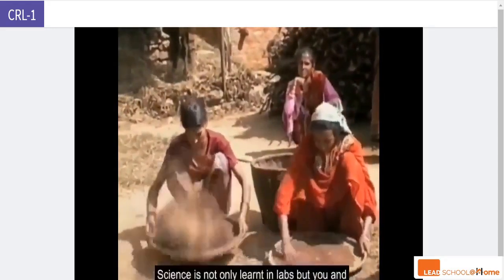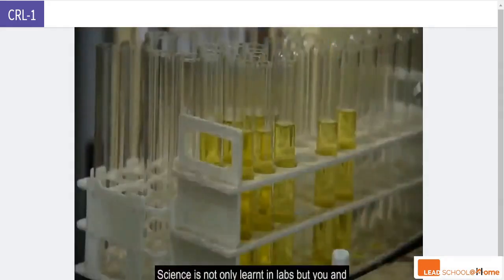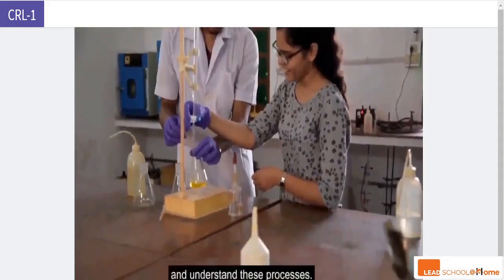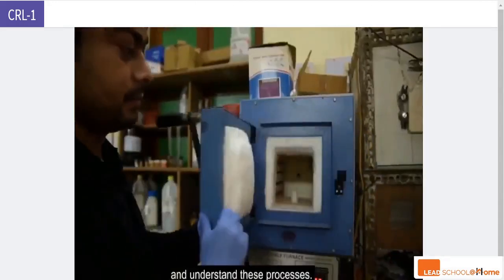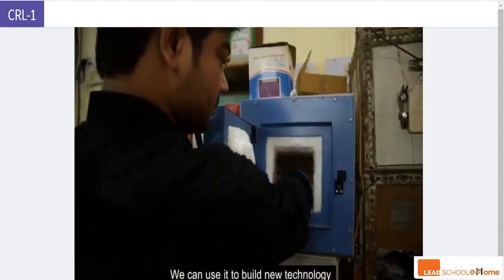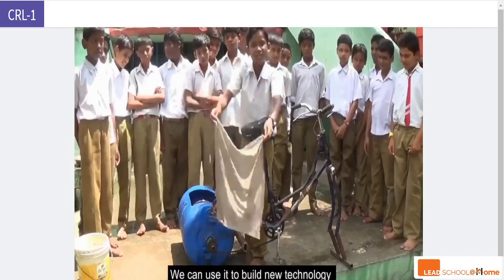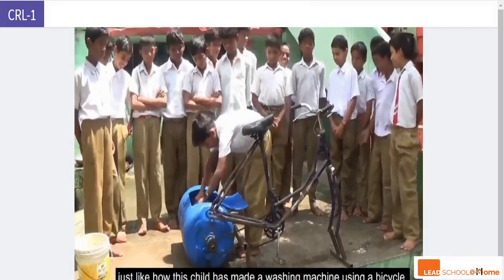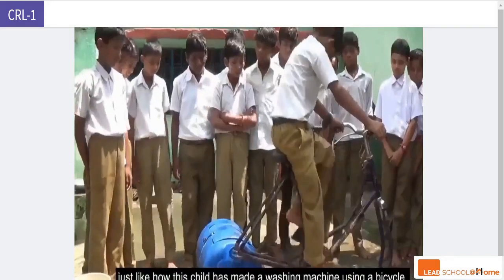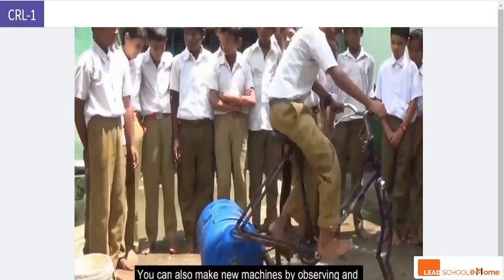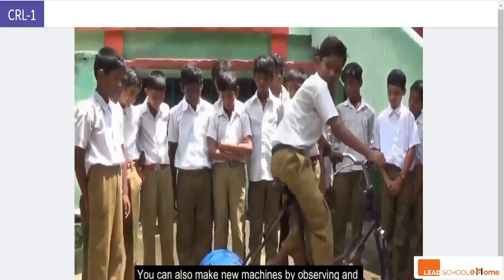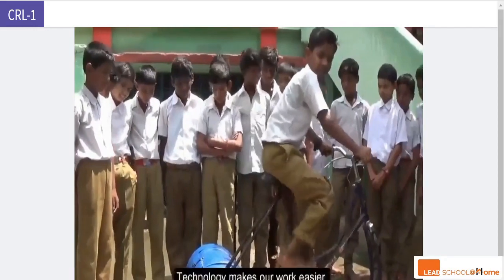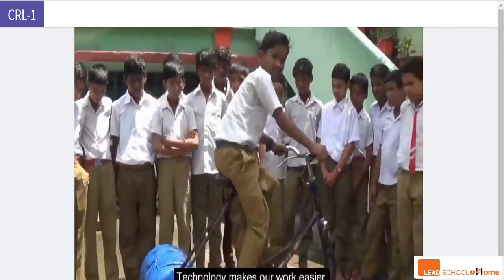Science is not only learnt in labs, but you and I can also observe the world around us and understand these processes. We can use it to build new technology, just like how this child has made a washing machine using a bicycle. You can also make new machines by observing and learning from the world around you. Technology makes our work easier.